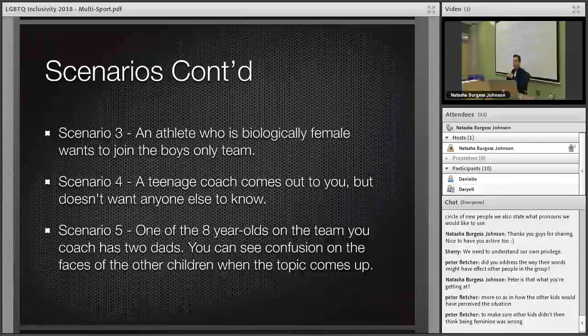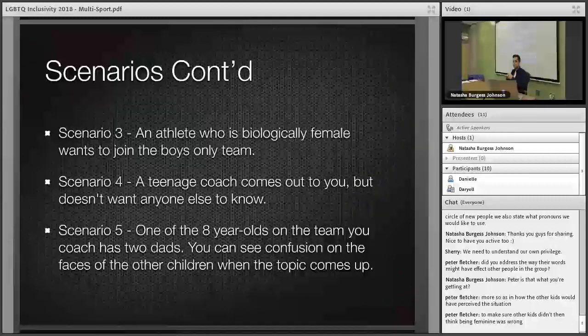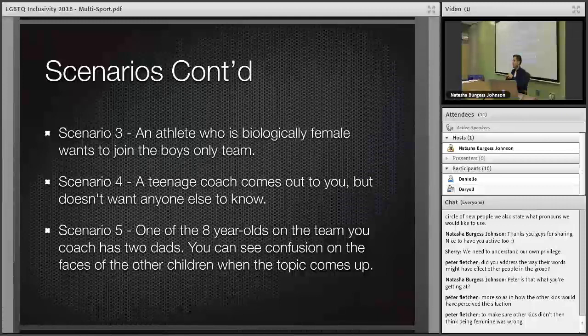There are maybe certain biological factors with testosterone and whatnot that, at a certain level, we take into account. But for this one, which is a female transitioning to a male, or a female who wants to join the boys-only team, the scenario is not super clear.